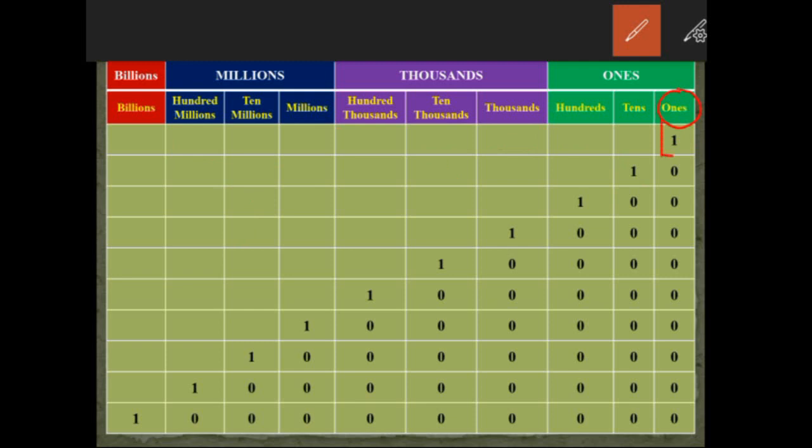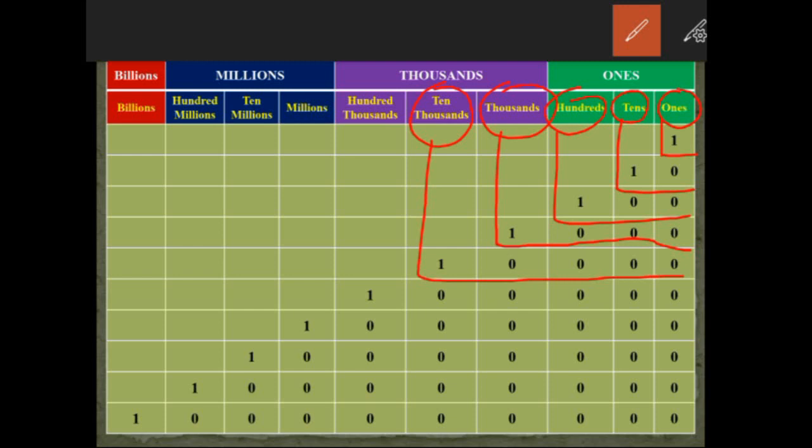Now let's look at the place values. For the ones we have 1. For the tens place we have 10. For the hundreds place we have 100. For the thousands place we have 1000. For the 10,000 place we have 10,000.